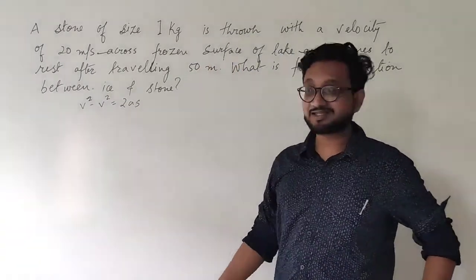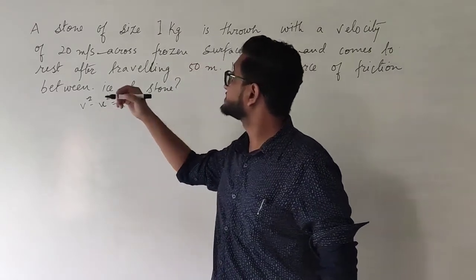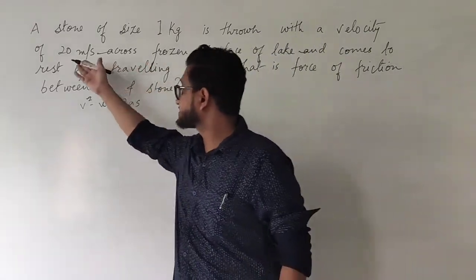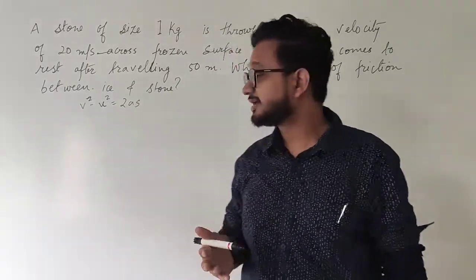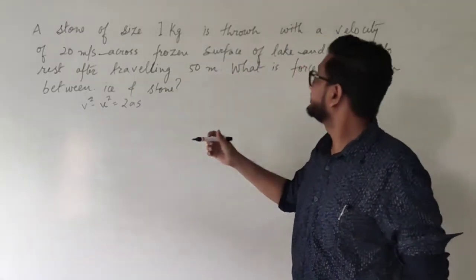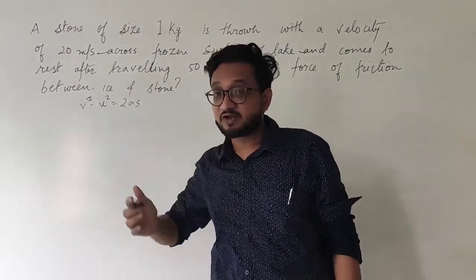Now as you can see, in this formula we have final velocity square minus initial velocity square, that is 20 meters per second, is equal to 2 into a, that is acceleration we need to find, and s, that is displacement, which is given as 50 meters. Now you simply need to substitute the values.